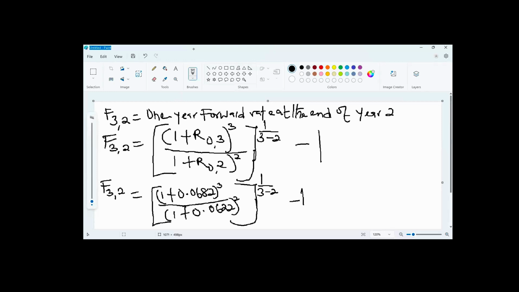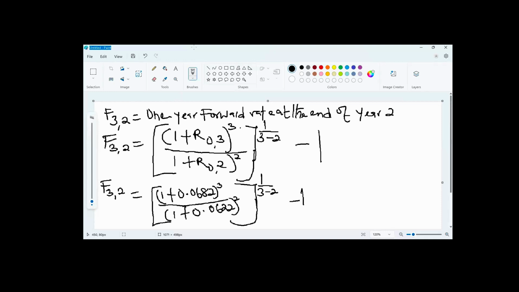It was giving negative. It's not possible. Exactly. It's an error in your calculation. I got 8.029. Okay, 8.03, something like that. Yes. Correct.